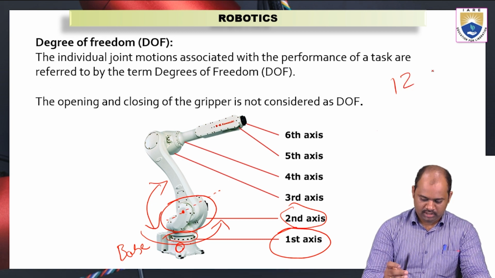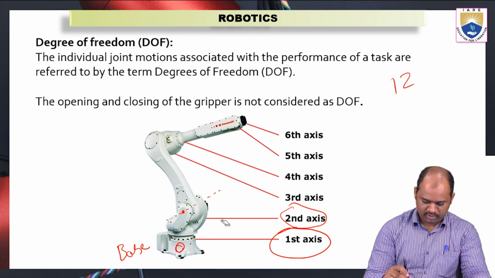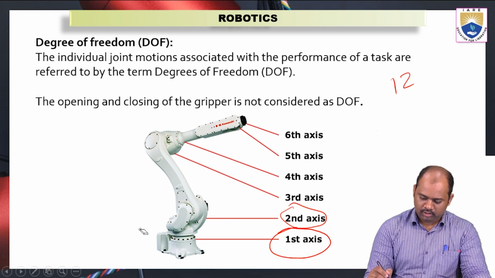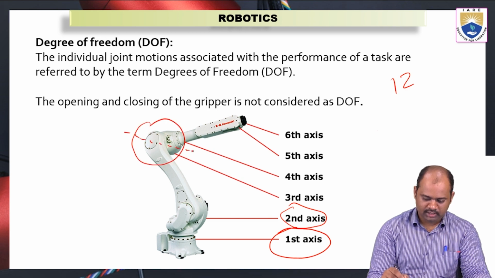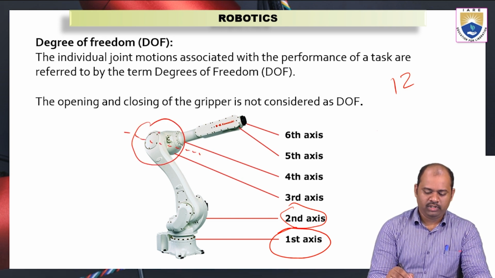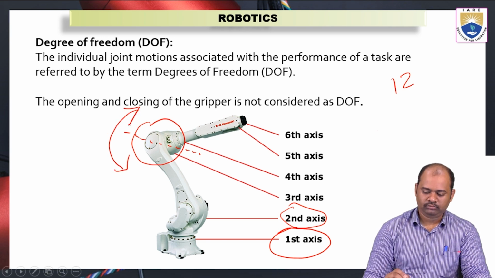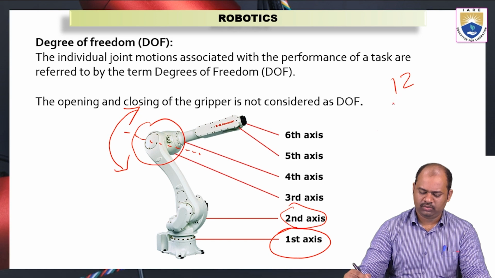And again, we can see the third one is somewhere here. Now the third movement is here. There is an axis here, and about this axis there will be rotation. Now these two are also rotations only. First degree of freedom is also rotation, second one is also rotation.